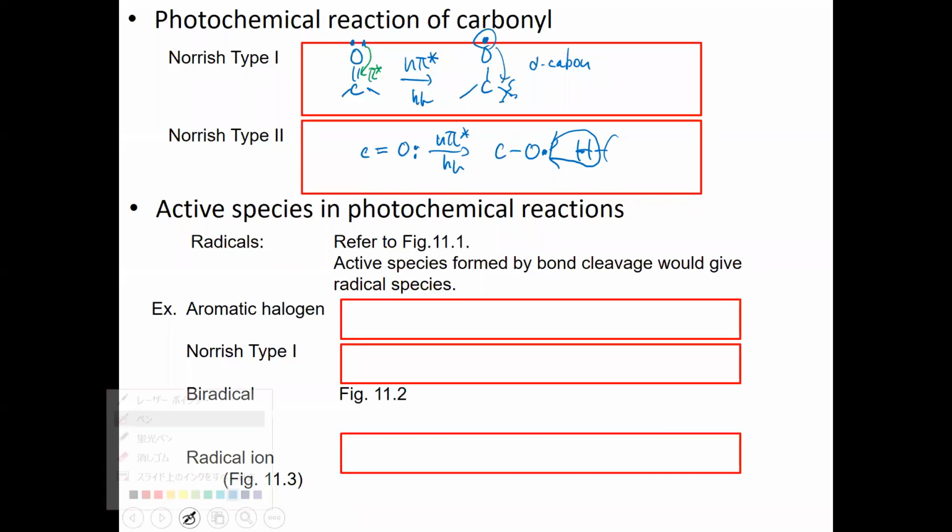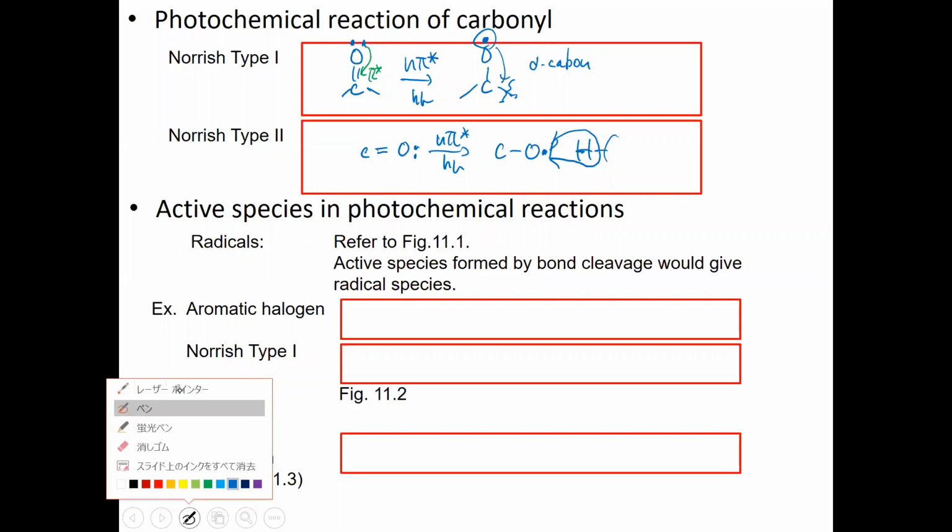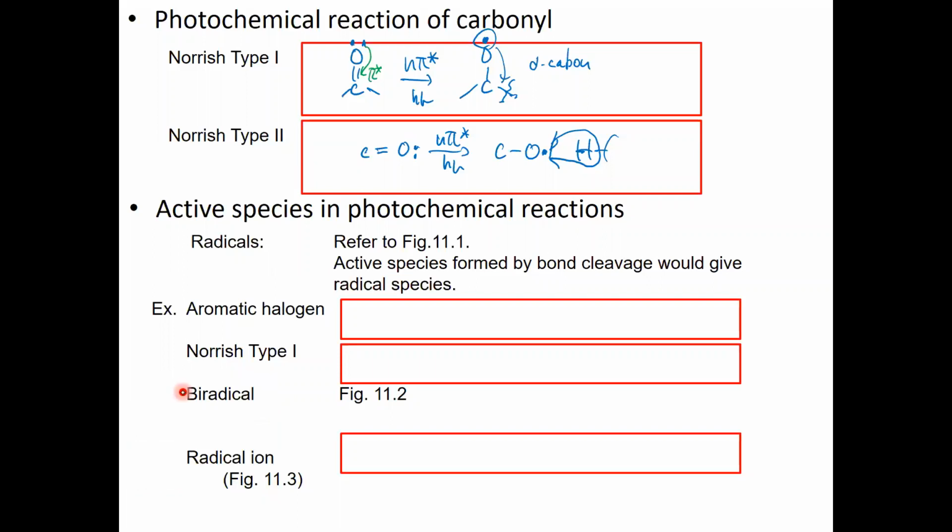Not only this, there are many photochemically active species during photochemical reactions. In many cases, the big difference between general synthetic chemistry and photochemical reactions is the radical species.